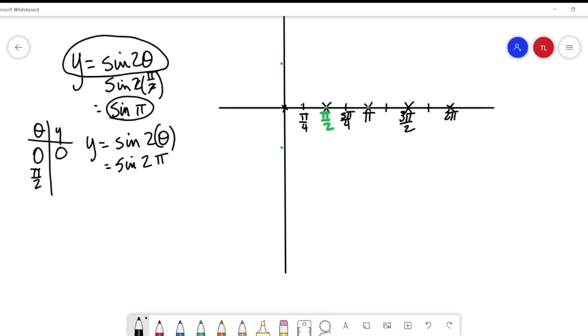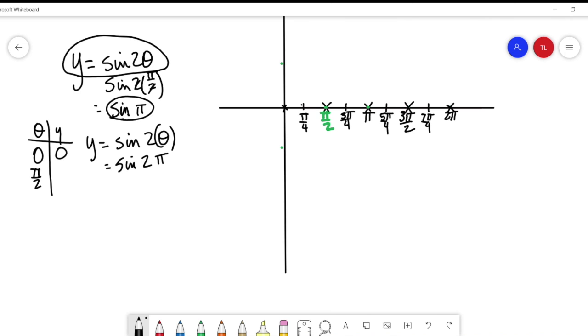Now this would be 4 pi over 4, and this is 5 pi over 4, that's 6 over 4, and this is 7 pi over 4. And that goes back to 2 pi. You squeezed it.